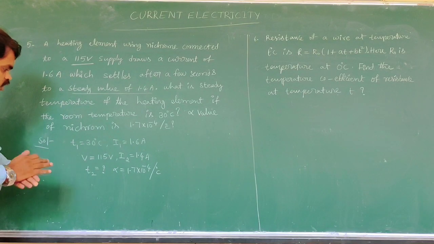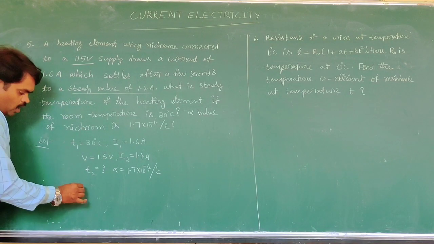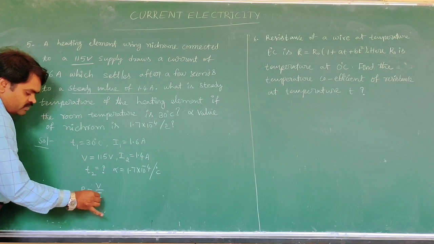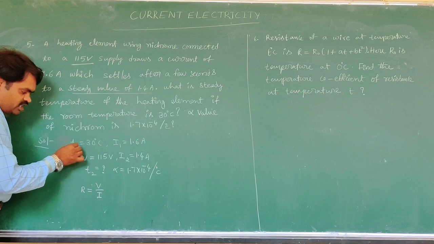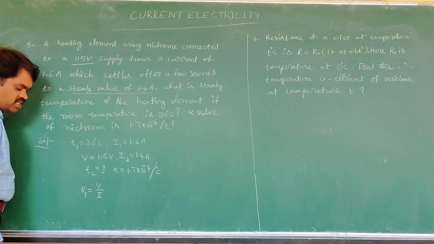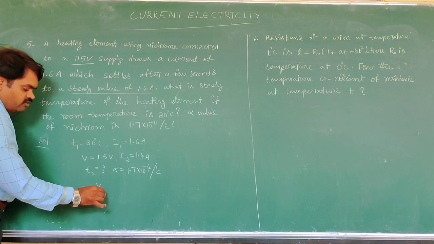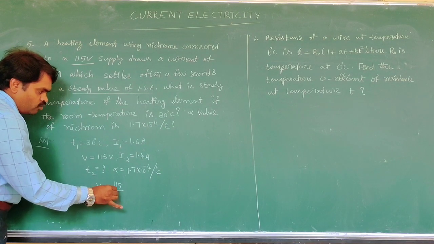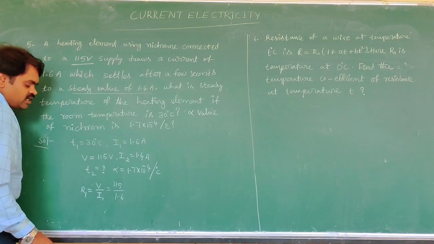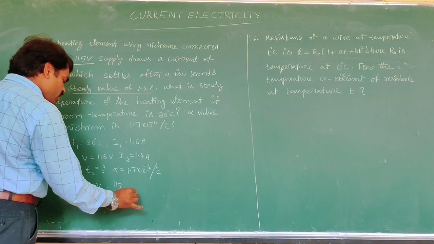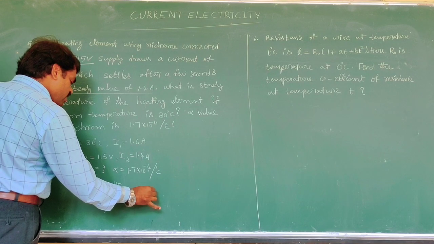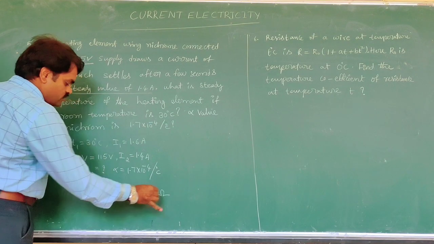Now first we calculate resistance. R is equal to the formula V by I. Now at T1 temperature, at room temperature, R1 is equal to V by I1. That is V is 115 by 1.6. Its value is 71.875 ohms.